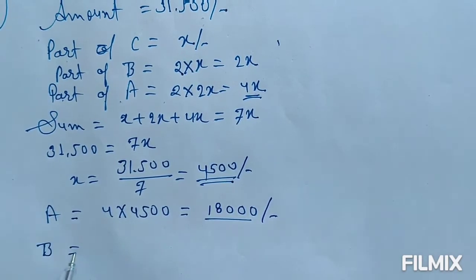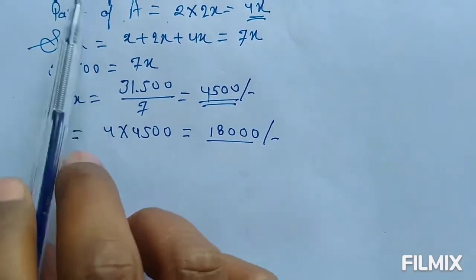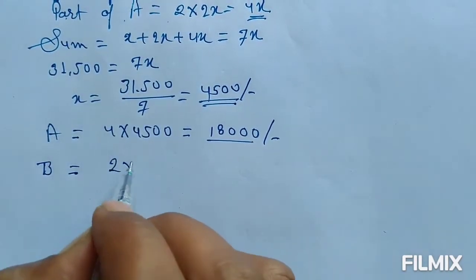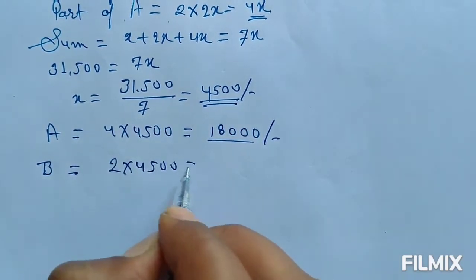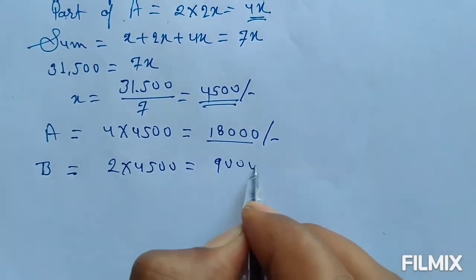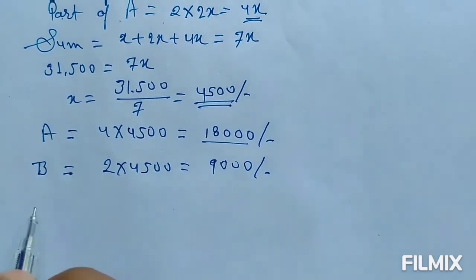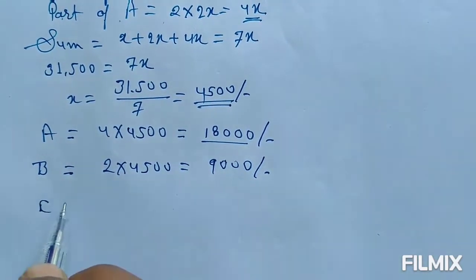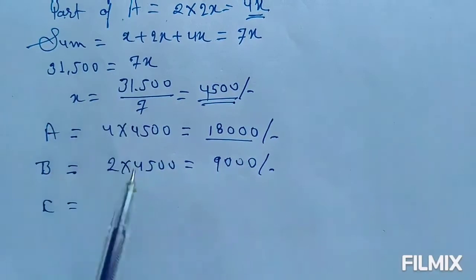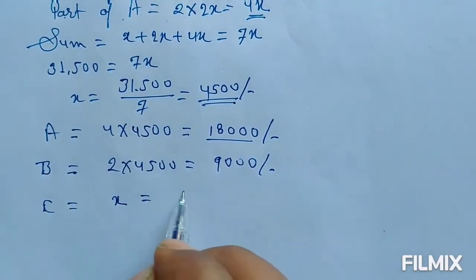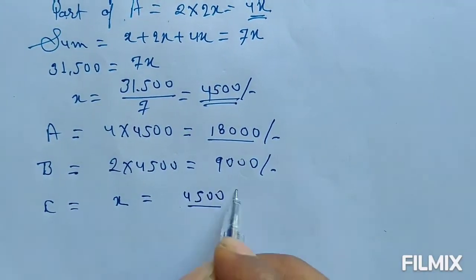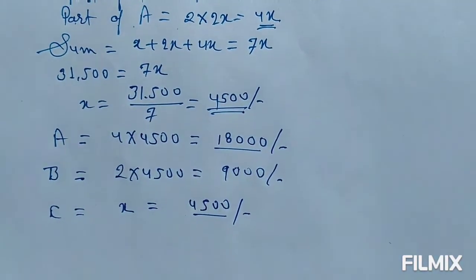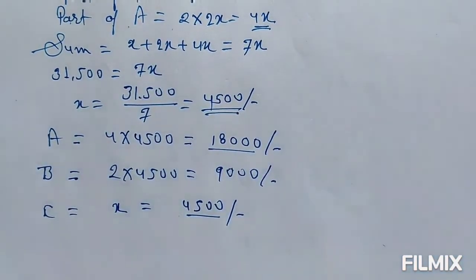Part of B means B gets 2x, means 2 into 4500, equal to 9000. Part of C is x, means simply 4500 rupees. These are the different values, means part of A, B and C.